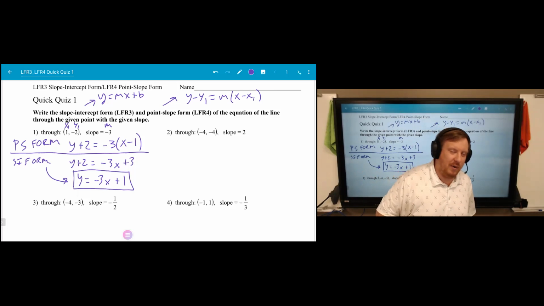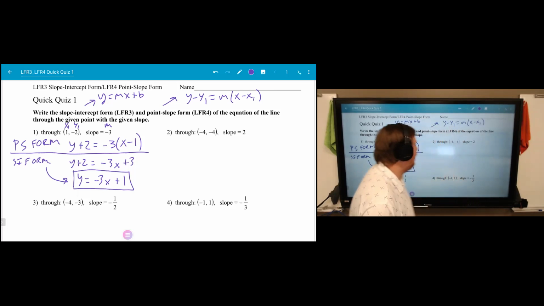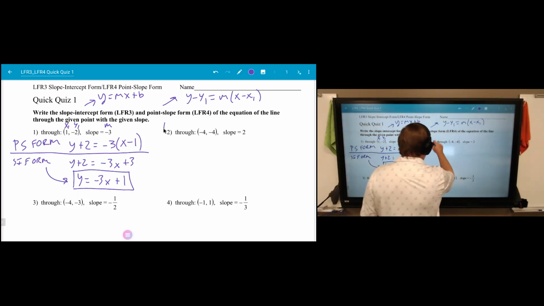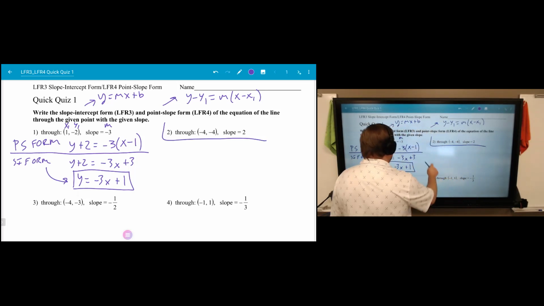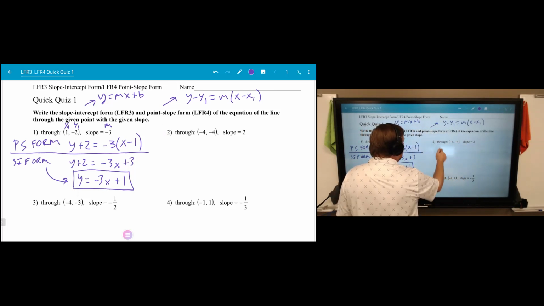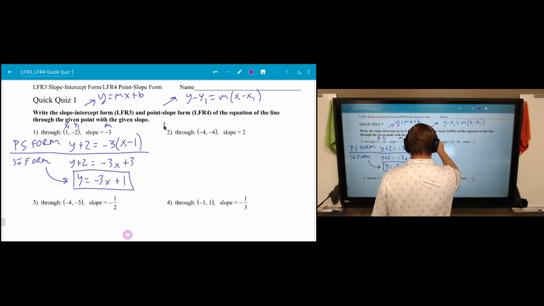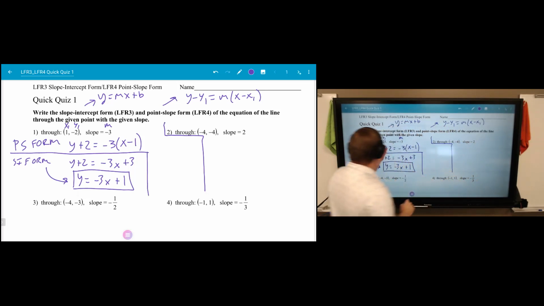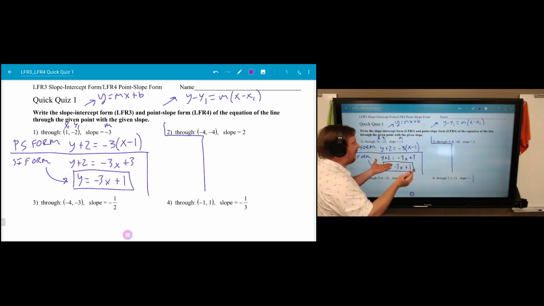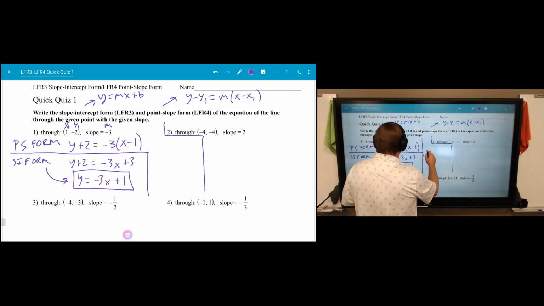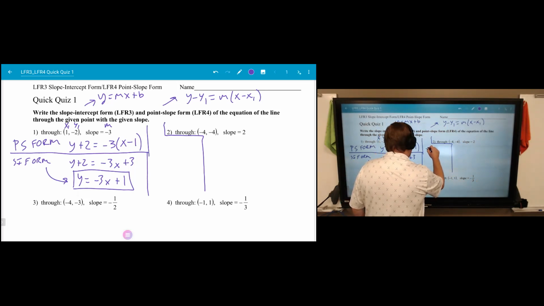Now, if you don't believe me, if you want to check that for slope-intercept form, we can do that one. Normally what you do is you take your point and slope, and we've been given an x and a y and an m. So we would say y, or negative 2, equals m, negative 3 times x, which is 1, plus b.